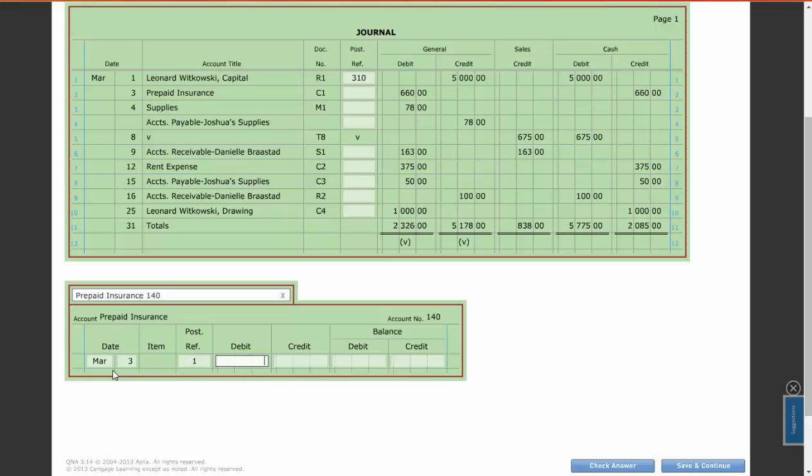Now, I get to this debit and credit part. Now I got to stop, and where do I need to look again? Up here in my journal. So in my journal, I'm looking at line 2, in this general column. Am I debiting or crediting? Debit. So I'm taking this debit of $660 from my general, and I'm going to put it right here for $660.